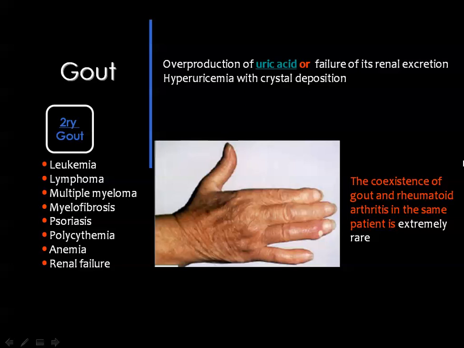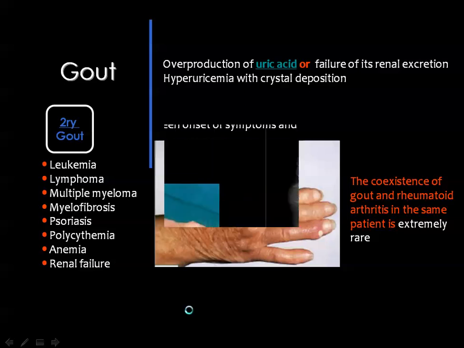An important notice is that coexistence of gout and rheumatoid arthritis in the same patient is considered extremely rare. This is the primary gout, and secondary gout, the condition of hyperuricemia, may be associated with other diseases like leukemia, lymphoma, myeloma, myelofibrosis, psoriasis, polycythemia, anemia, and renal failure.